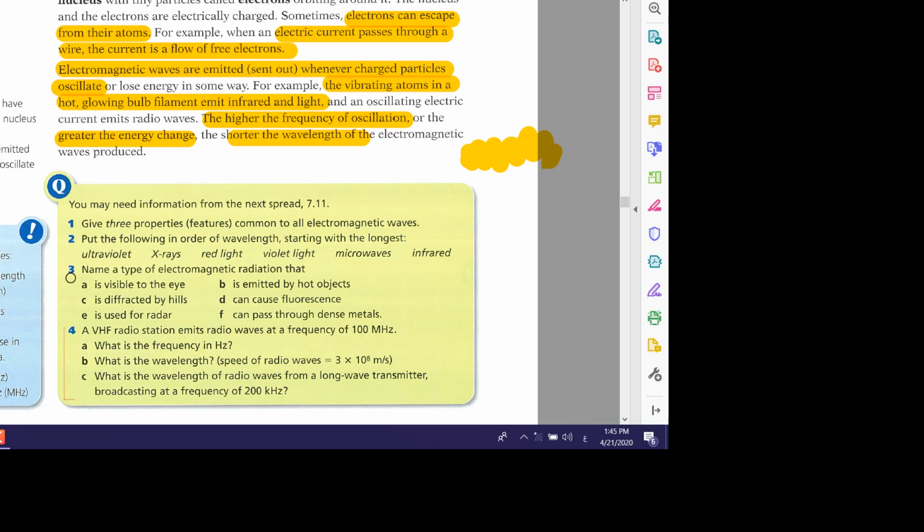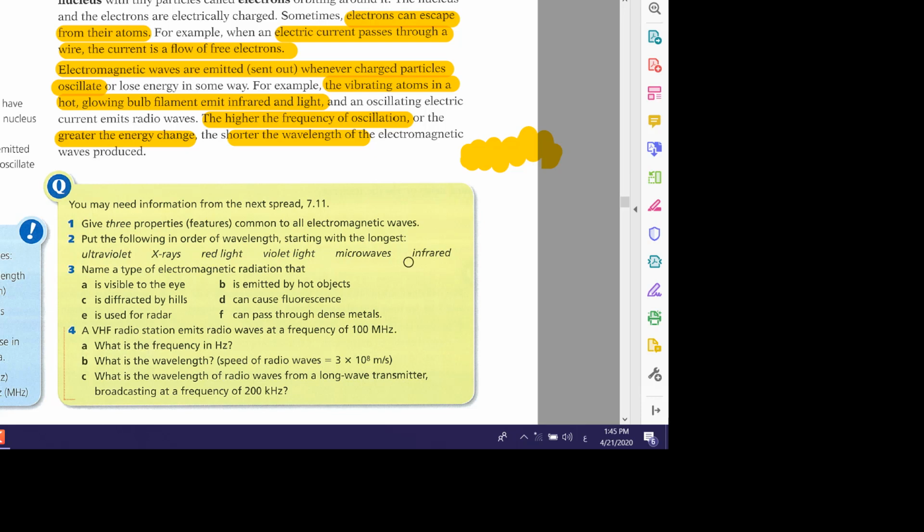Question number 2. Put the following in order of wavelength, starting with the longest. Ultraviolet, X-rays, red light, violet light, microwaves, and infrared.